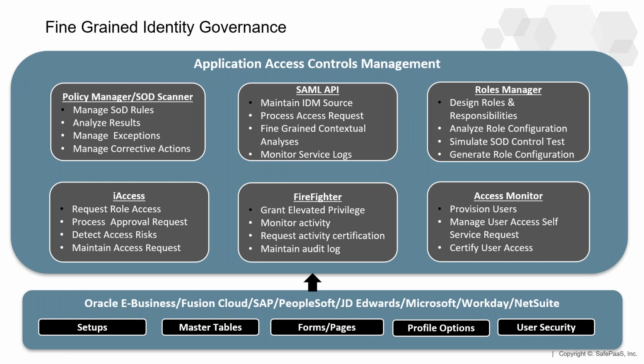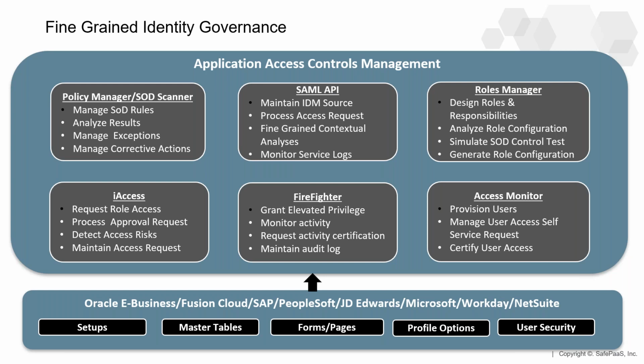If you look at how we break down fine-grained identity governance, it closely follows what I mentioned in the description of identity governance in the previous segment. Basically, it has the policy, the ability to test those policies, SAML API, which enables us to do integration with IDMs if you have some, roles manager, which is the entitlement management component of the IDM requirements, user provisioning, role-based, workflow-based, firefighter for privileged users, and then monitoring and certification.